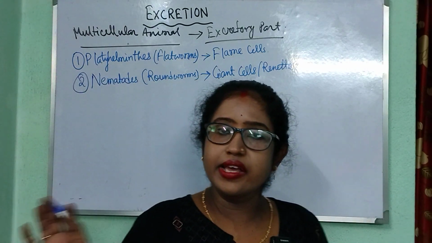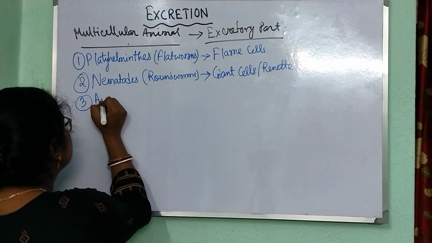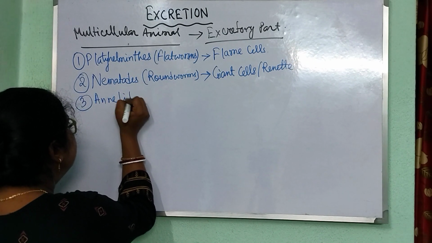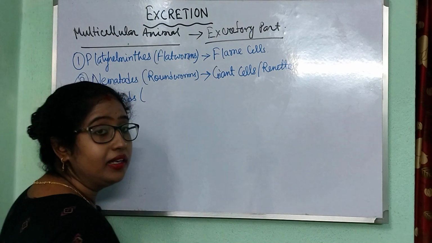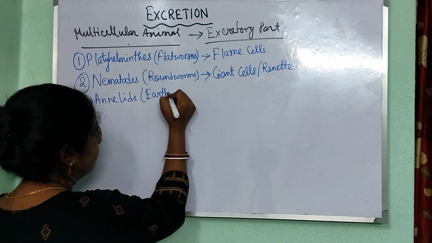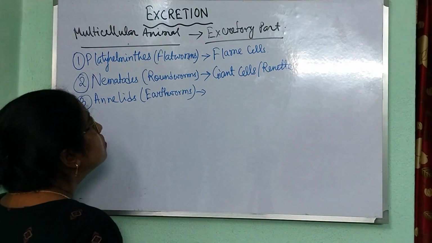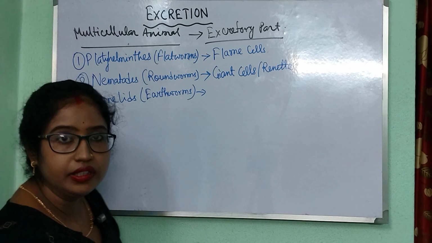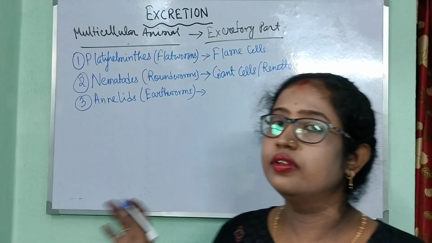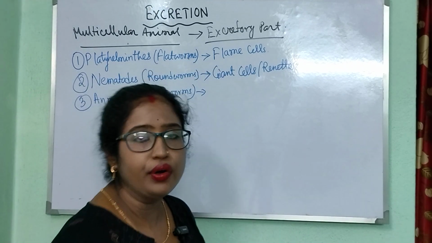Now let us discuss the next group. The next group is the annelids, like the earthworms or the leeches. The earthworms, or the annelid group, have a special kind of excretory system in their body.